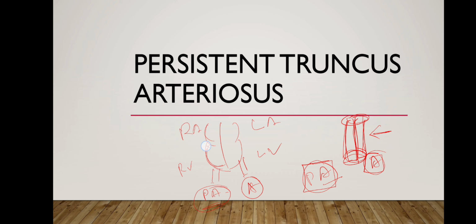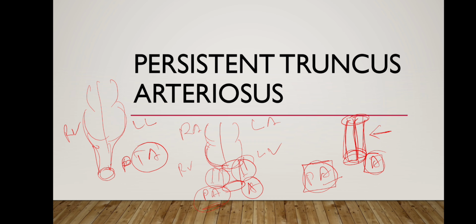That means the pulmonary artery and aorta are combined in a single common lumen, and so blood from the right ventricle and from the left ventricle goes into one single vessel, that is called truncus arteriosus. From this the aorta is given off, and from here a pulmonary artery is formed. So blood is mixed in these two areas.